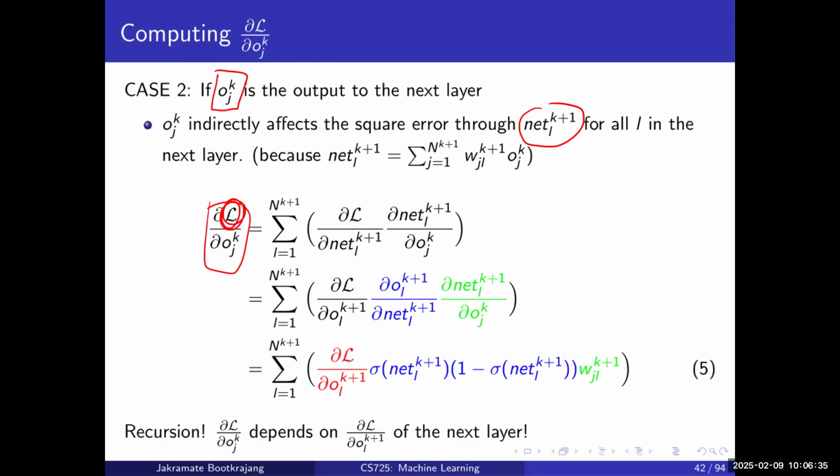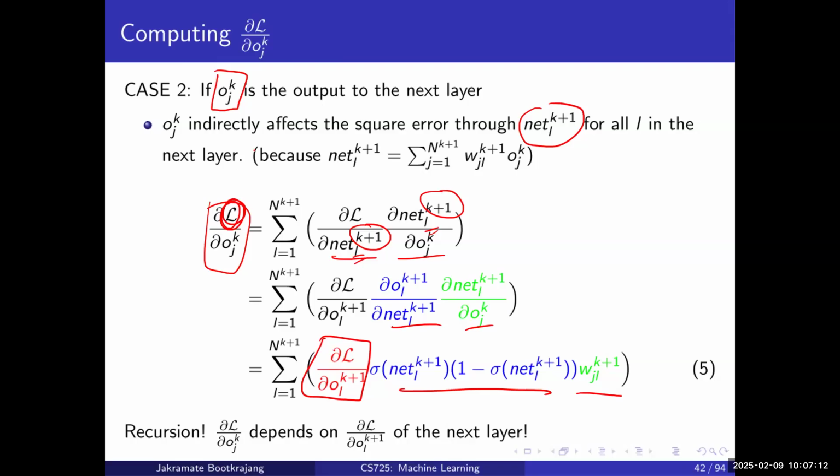The loss at the final one is the sum of the loss for each of the nodes in the next layer, right? And then you can use the chain rule for this, and you will get this type of equation.